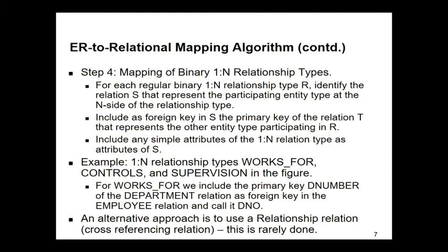So in our relationships works for and supervision, for works for, we include the primary key, which is the department number, as the foreign key in the employee relation. So again, we just give it a different name.